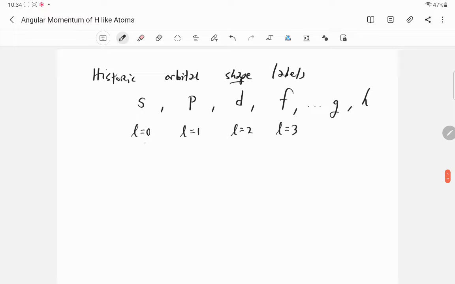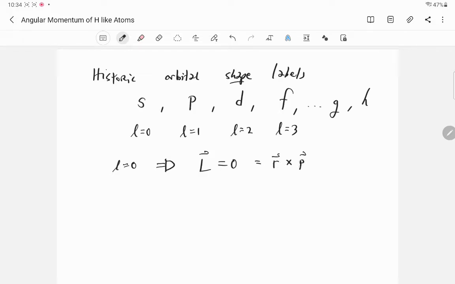The interesting thing about L equals 0 is this implies that our atom has no orbital angular momentum. If we have no orbital angular momentum, what does this mean? Does this mean our electron is always at the location 0?